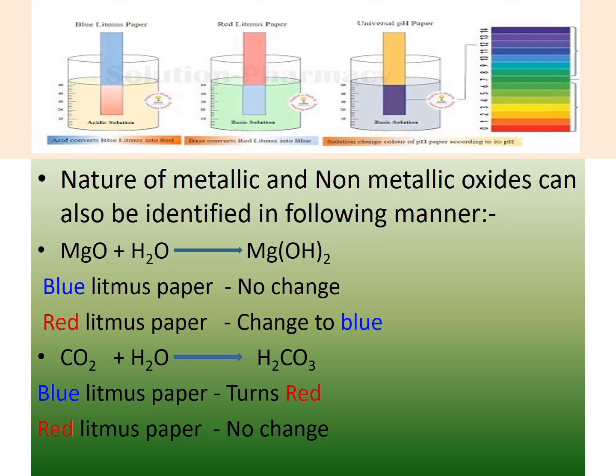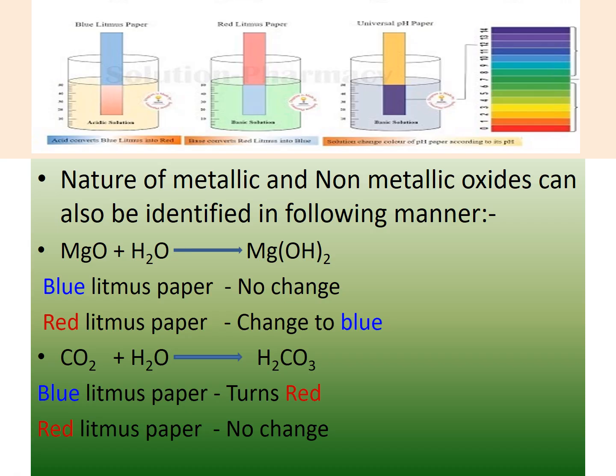Here we can also identify the nature of the metallic and non-metallic oxides with the help of the litmus paper. Same thing, magnesium oxide, that means a metallic oxide. When dissolved in water, it forms magnesium hydroxide. So if we try to find out the nature of this solution, we can use a litmus paper.